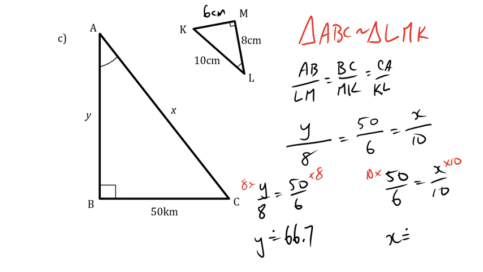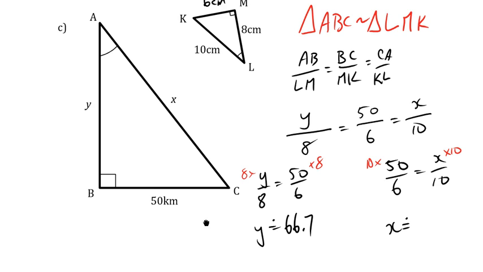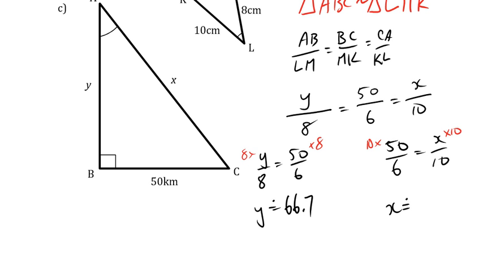I like to think of these as equations. Once I get the proportion set up, it's the equation that I'm solving. So I multiply by 10 to move it to the other side. This gives me 83.3. Multiply by what?